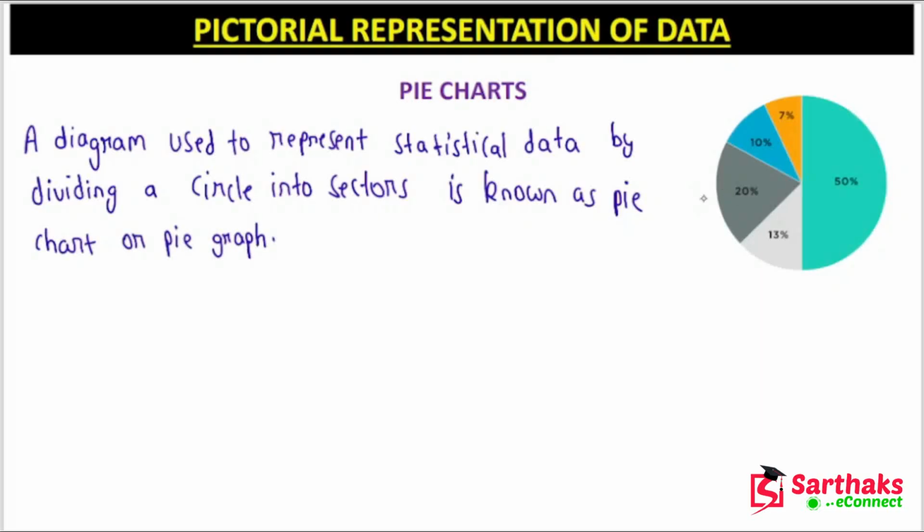You can clearly see a pie is also in this circular shape, and we also eat pie just like pizza by cutting these slices, which are in the shape of sectors.